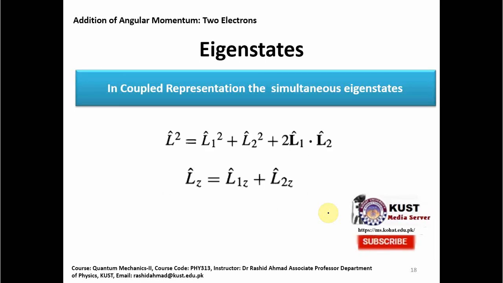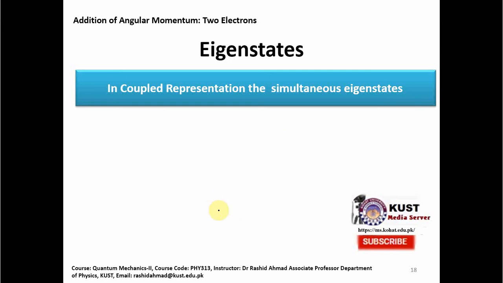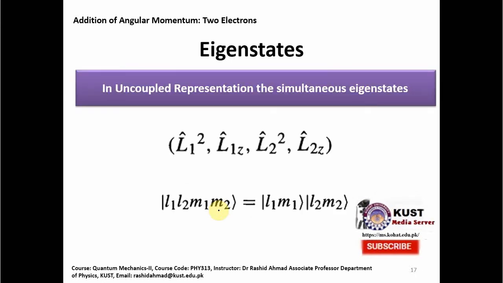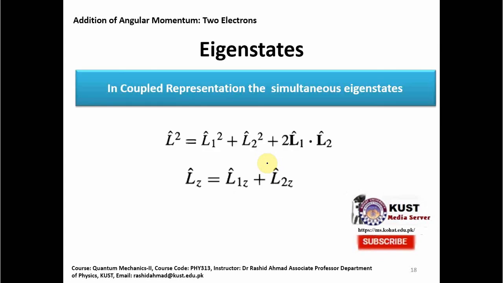And here you see that these operators, for example L square, Lz, L1 square and L2 square, are involved. This is the set of operators. Previously in the uncoupled representation this was the set, but in the coupled representation these are the set, and we need to calculate their commutators obviously.